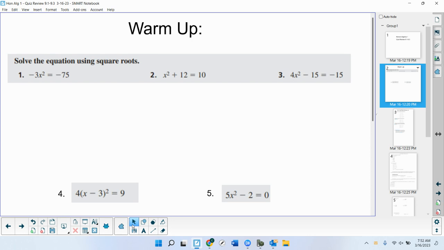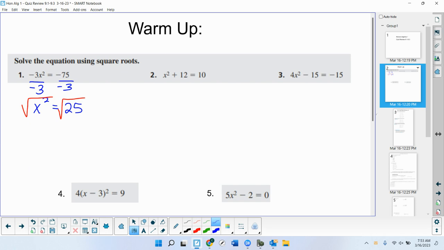McKenna, number 1, what are you going to do to solve number 1? Divide by -3. And when you divide by -3, what do you get? X squared equals 25. Always isolate the x squared first. Now find the square root of both sides, and when you do, what do you get?